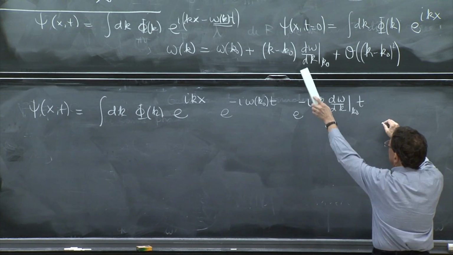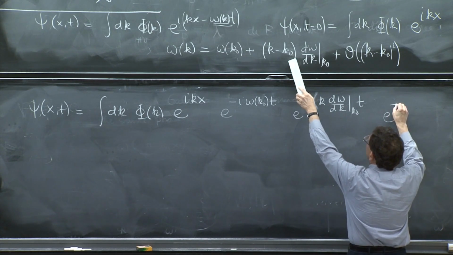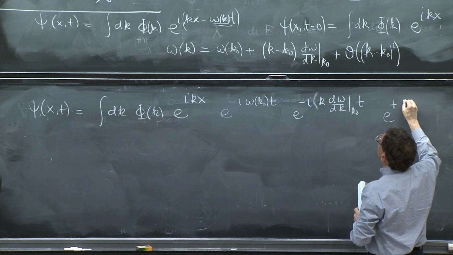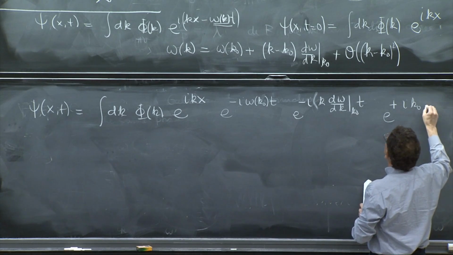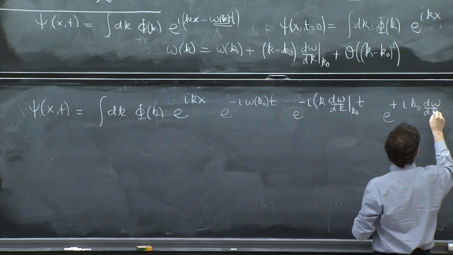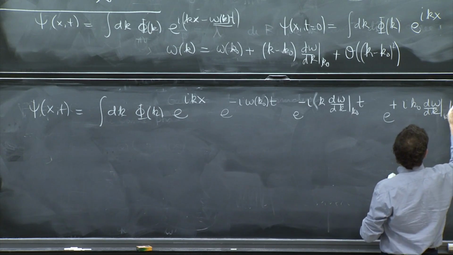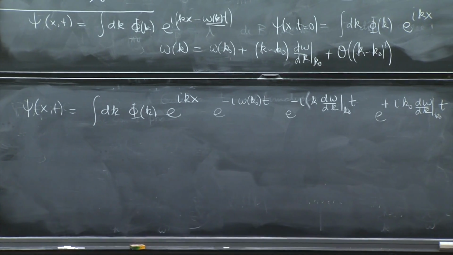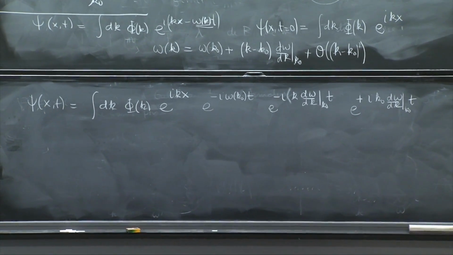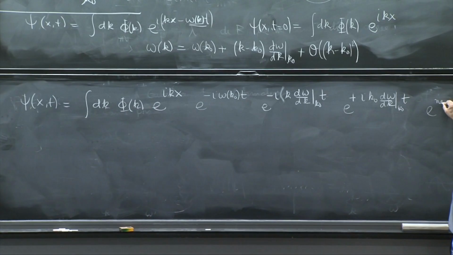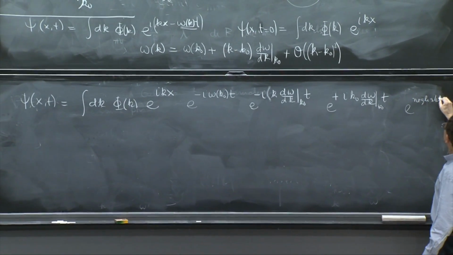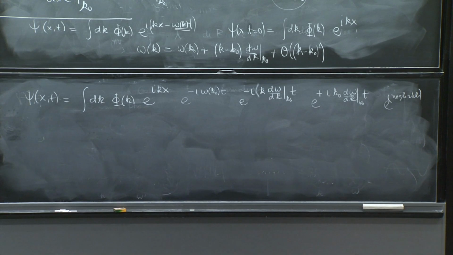And the third factor is e to the plus i k naught d omega dk at k naught t, plus order higher up. So that is negligible, until you need to figure out distortion of wave packets. We're going to see the wave packet move. If you want to see the distortion, you have to keep that next term. We'll do that in a week from now.